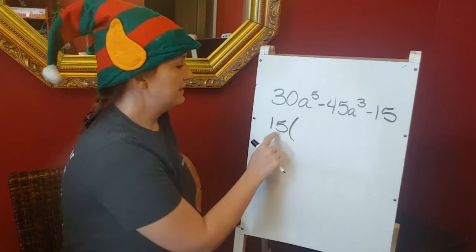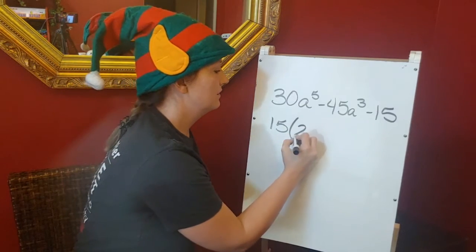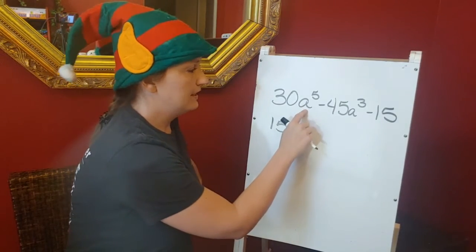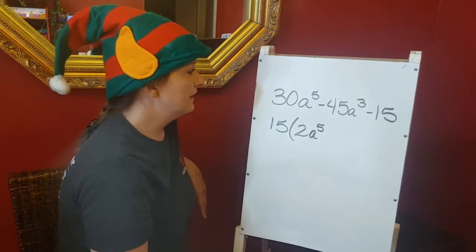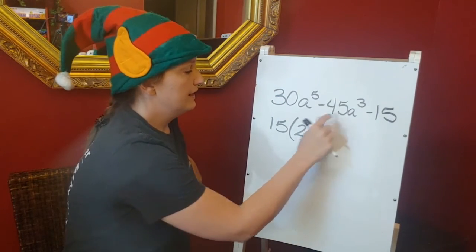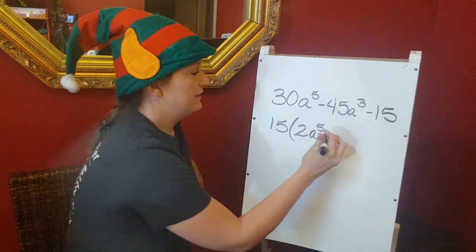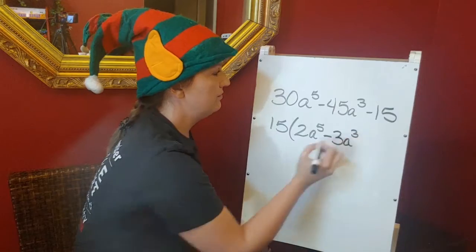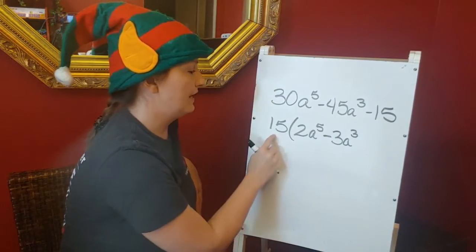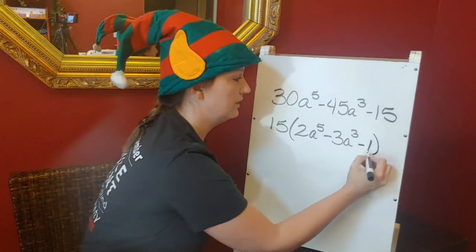30 divided by 15 is 2. Now I'm not factoring out any variables whatsoever, so I'm going to leave that a to the 5th. Negative 45 divided by 15 is 3, so minus 3a cubed, and then negative 15 divided by 15 is just minus 1.